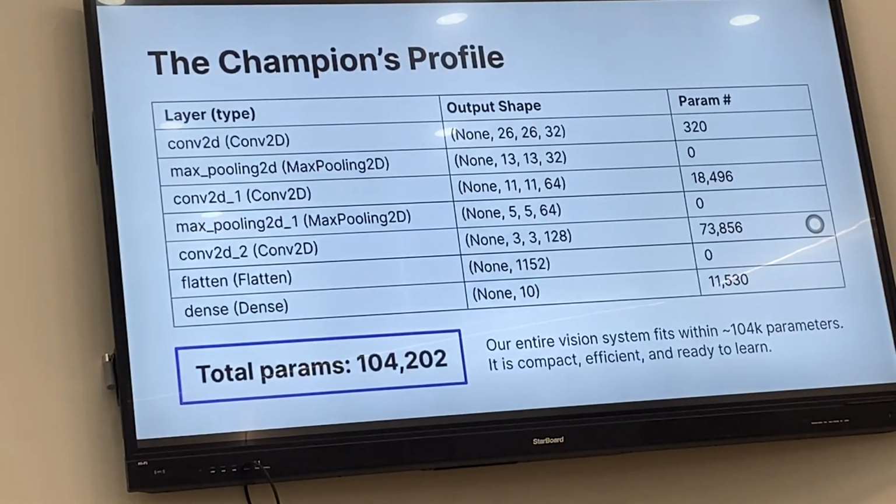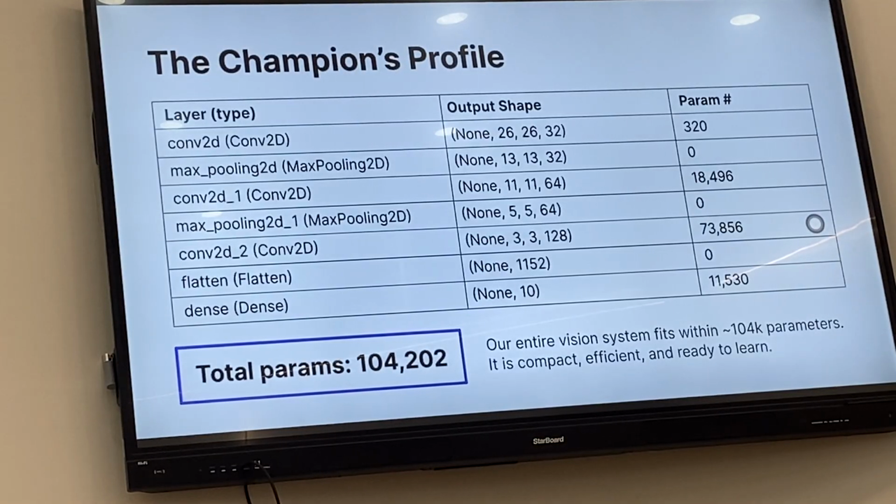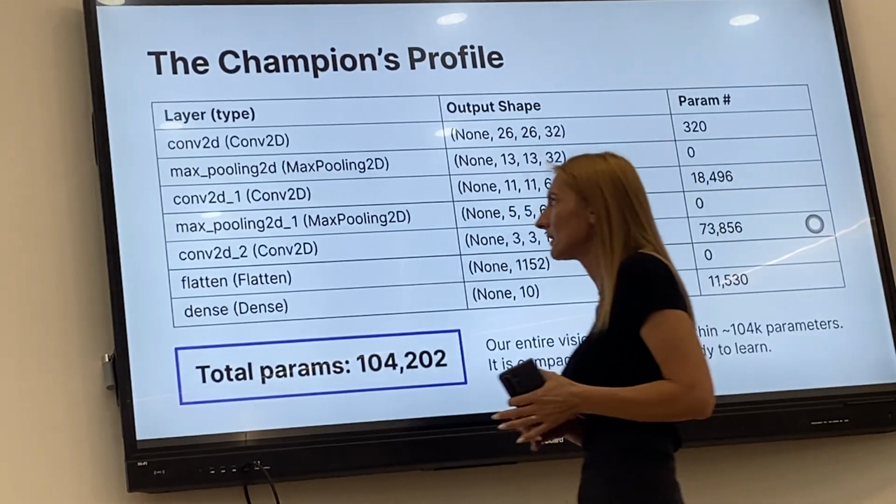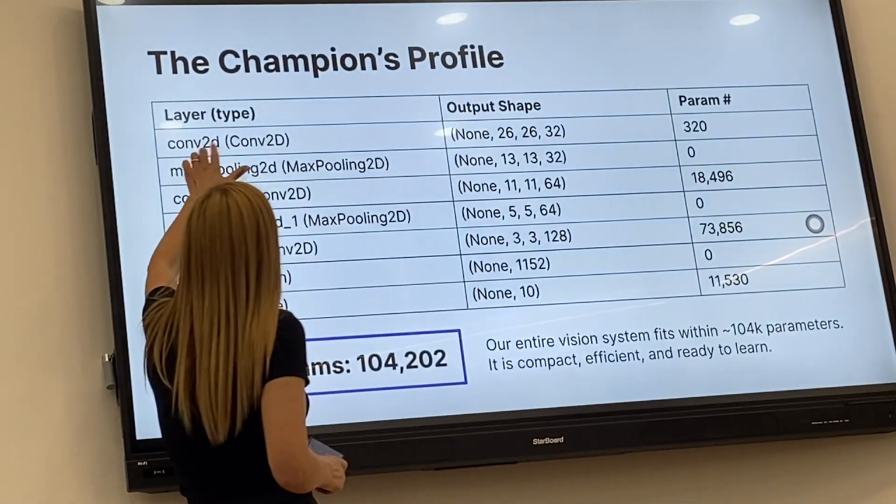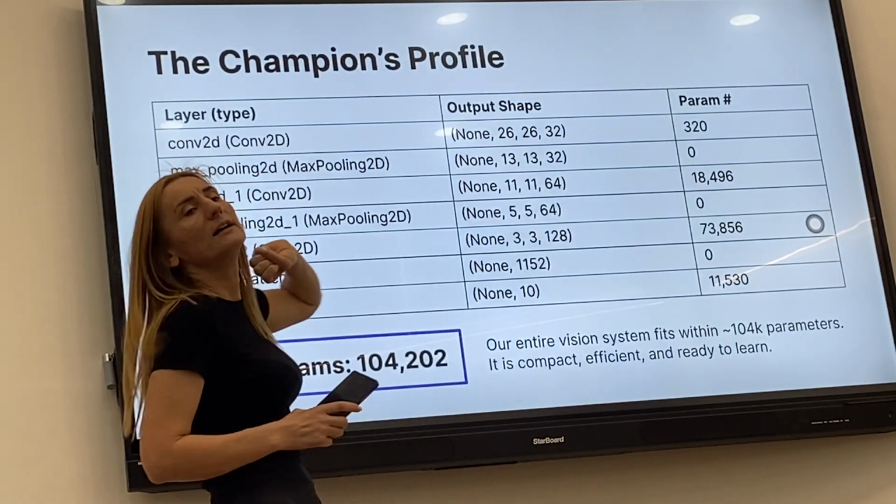But something that is important, we can open our calculators in order to understand what happens in terms of the parameters in each of these layers. So these are the total layers that we have in our convolutional neural network. The first one was the first convolutional layer.